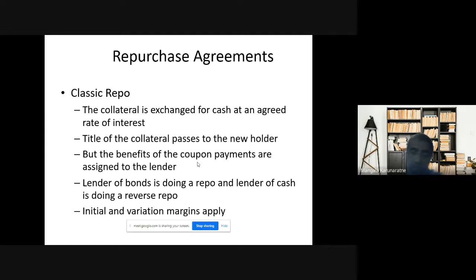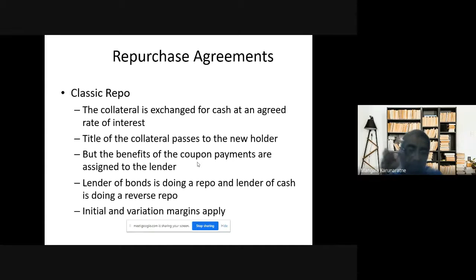So now everything is okay. Now the initial margin has been given, and you have covered 110%. So now suddenly, if the market rates go up, the government security market, bond market rates go up, what will happen? This 10% haircut will come down, no?